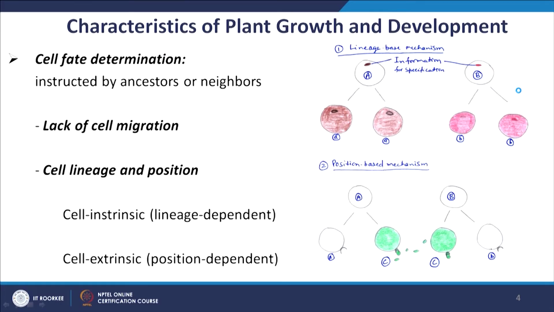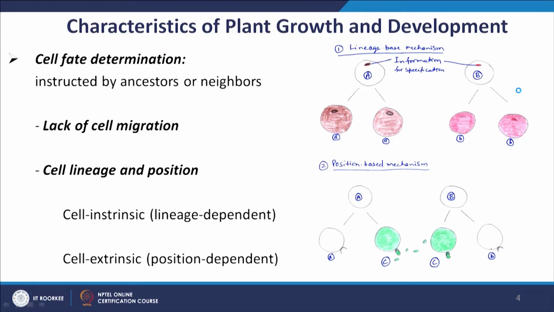In animals, it is widely known that cell lineage plays a very important role, which means that the ancestors of the cell giving rise to daughter cells also pass on the information for its identity.